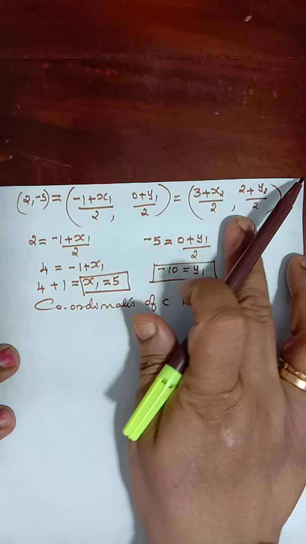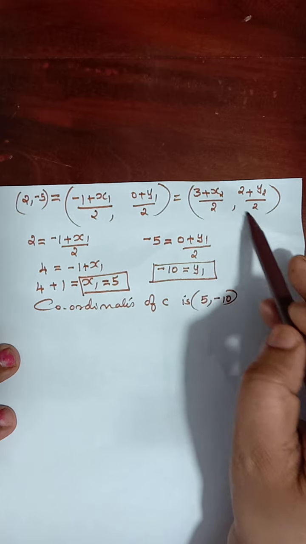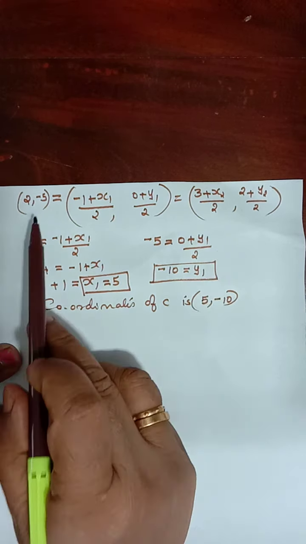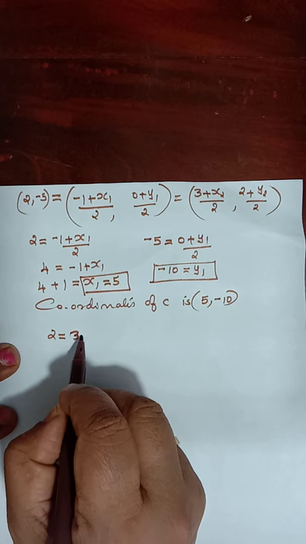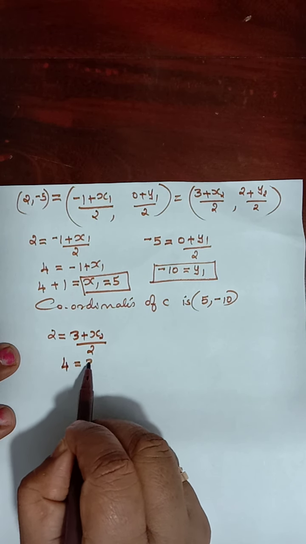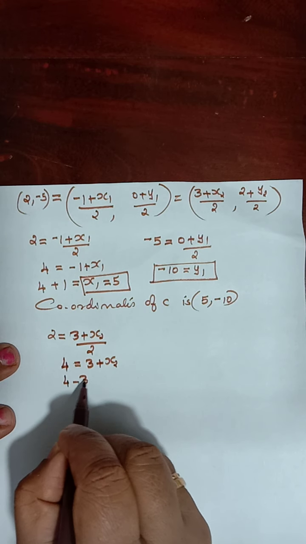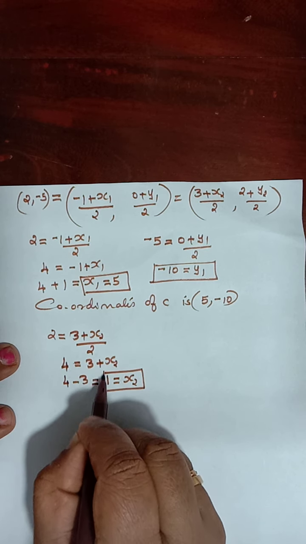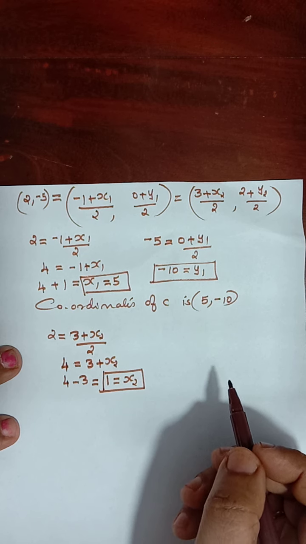Next comparison is for getting x2 and y2. So 2 is equal to the midpoint, 2 equals (3 + x2)/2. Cross multiply, 4 is equal to 3 + x2. Now 4 - 3, that is 1, is our x2 value. Okay, x2 is equal to 1.